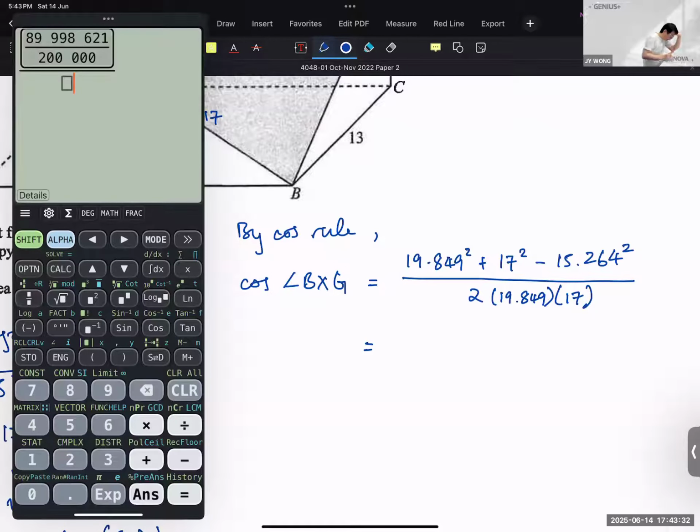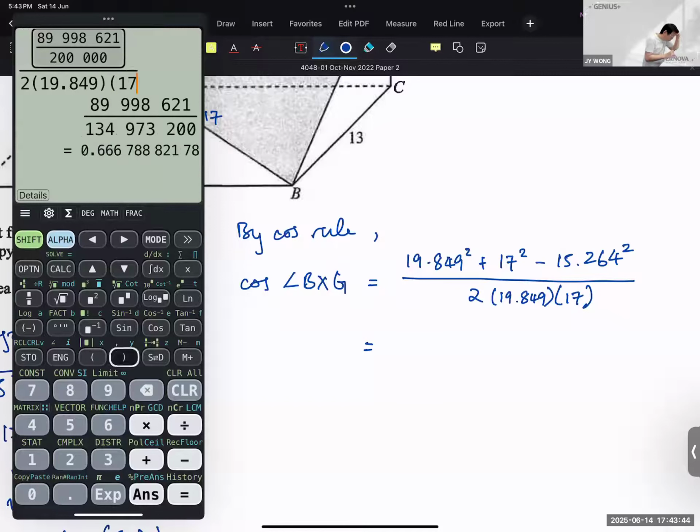In fact, you'll find that the answer is almost like an exact value, right? Because actually, if you think about it, I don't need to find the value itself, right? Because in cosine rule, I'm always using the square of the value if you actually think about it. But anyway, it doesn't matter.